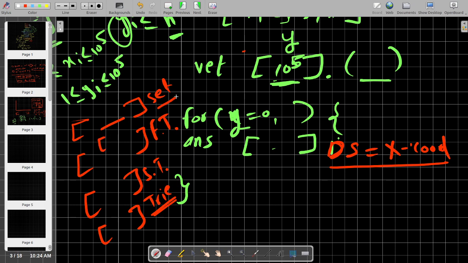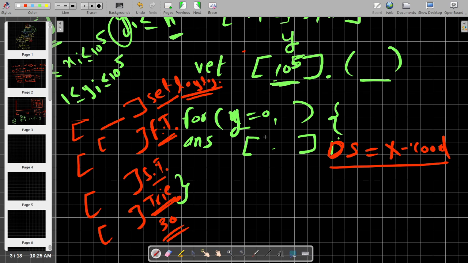If it is a sorted set, you could use upper bound minus lower bound, but the complexity will be log. Or you could use a Fenwick tree, or a segment tree, or a trie. Fenwick tree is dependent on n, segment tree is also dependent on n, and trie is dependent on the number of bits, which will be like 30 bits. So you could use any data structure from this to calculate the answer.